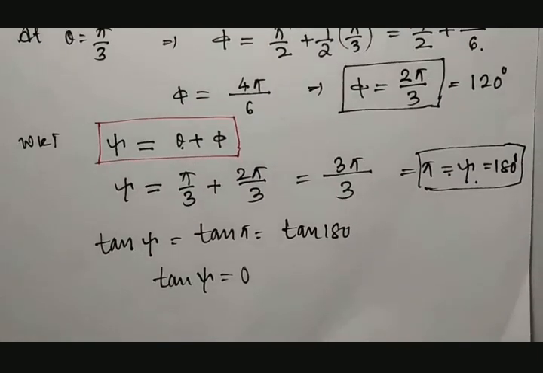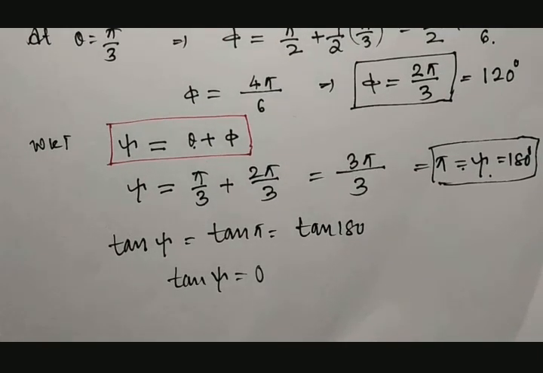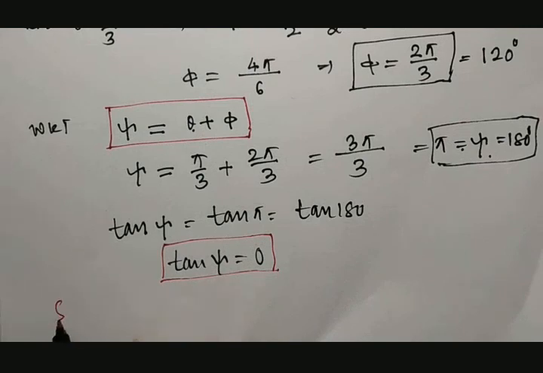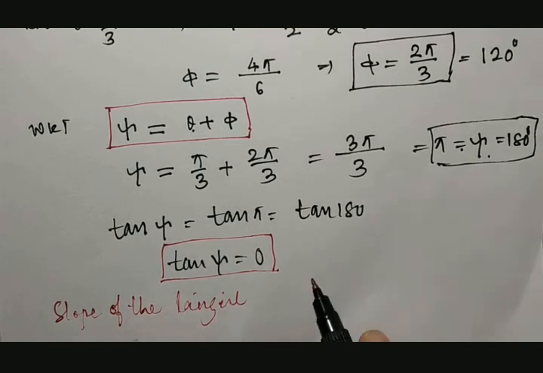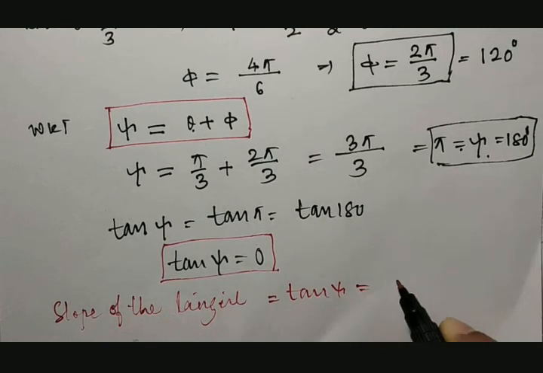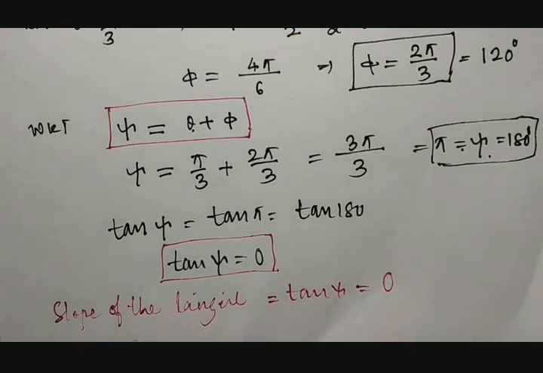Therefore, we can say that the slope of the tangent is nothing but tan psi, which is equal to 0.